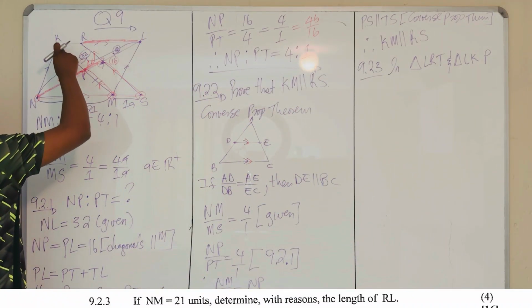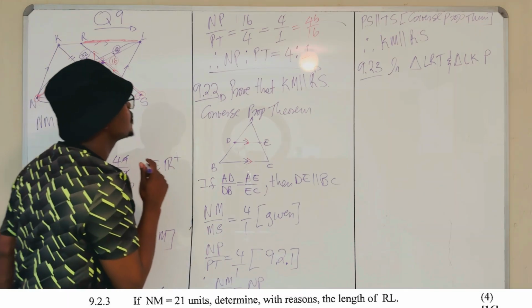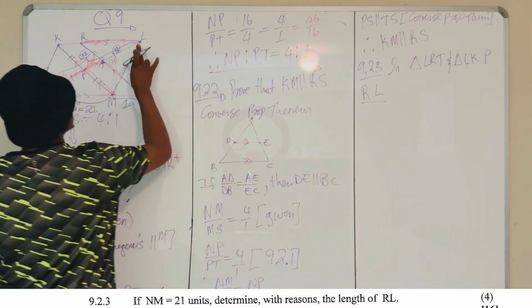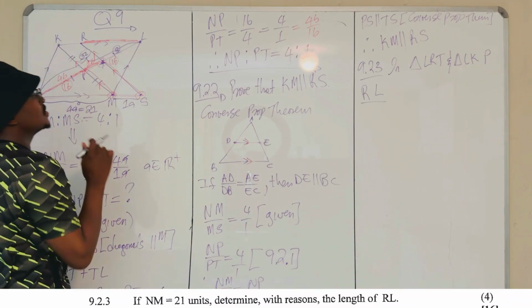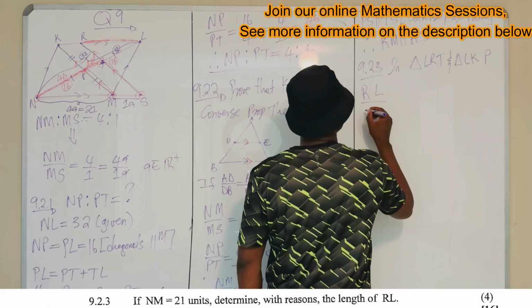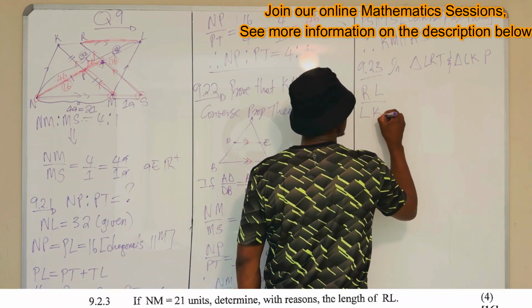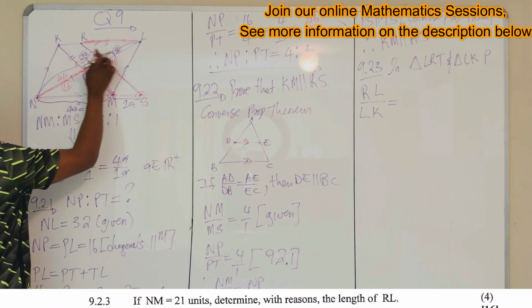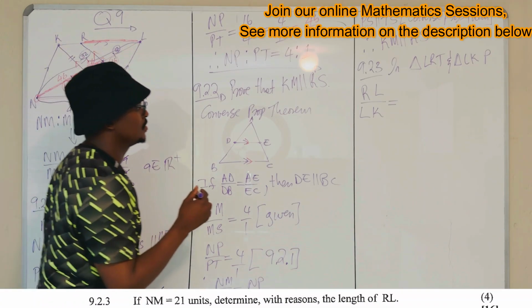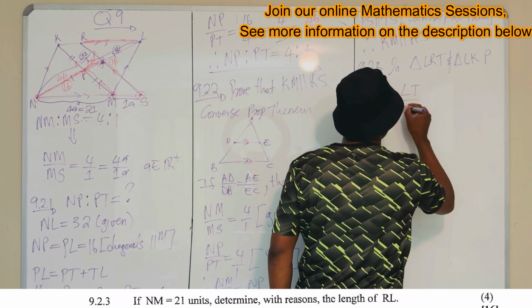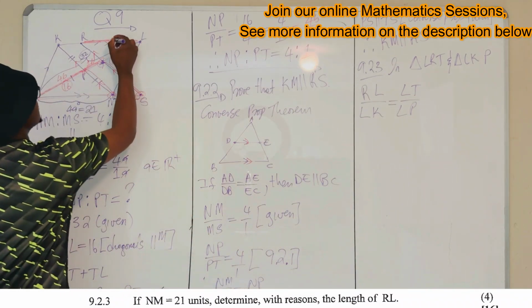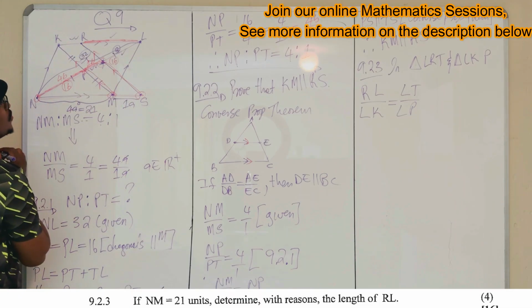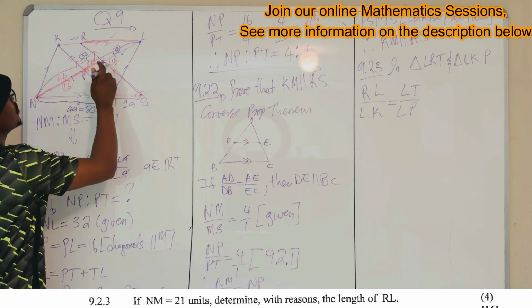We can say our RL, which is our RL over here, over the entire side, which is LK, is equal to this part, which is LT, over LP, the entire side.